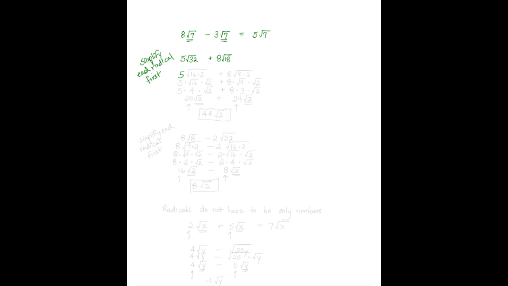5 times the square root of 32 can be written as 5 times the square root of 16 times 2. Remember, when you're simplifying radicals, you want to look for the largest perfect square within the number that you're trying to simplify.